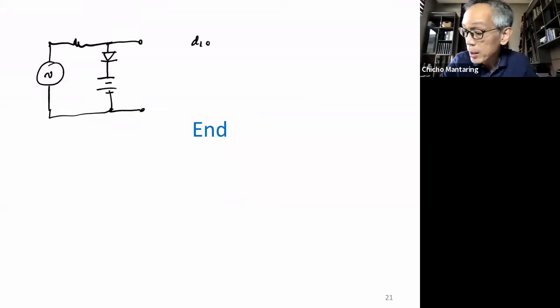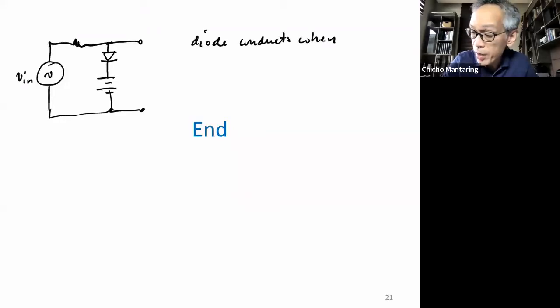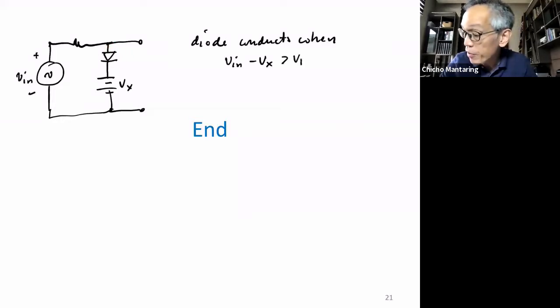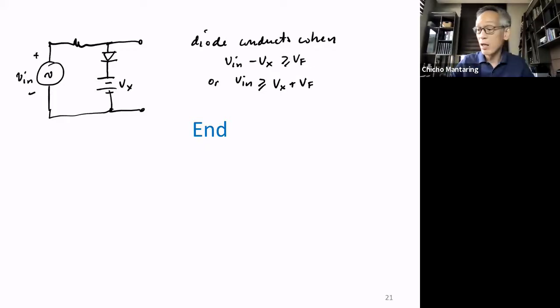The diode conducts when V in, this is V in, when V in minus Vx, yan yung open circuit voltage across the diode terminals, no? Vin minus Vx is greater than Vf, or Vin is greater than or equal to V of x plus V of f.